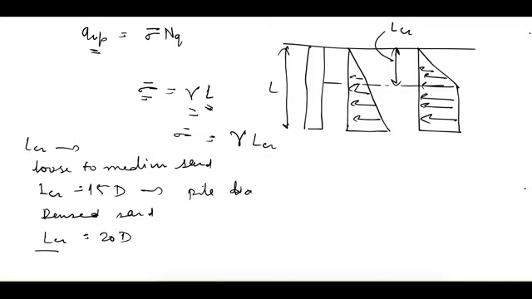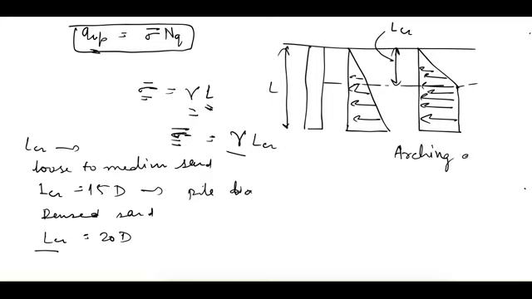So this way we find out the critical depth, and then we multiply it by the unit weight, and from that we get the effective stress, and using this effective stress we can find the ultimate point bearing resistance. Now why this stress distribution is coming like this, that means why it is just increasing up to this depth, not up to here? So the reason for this is the arching action in soil.